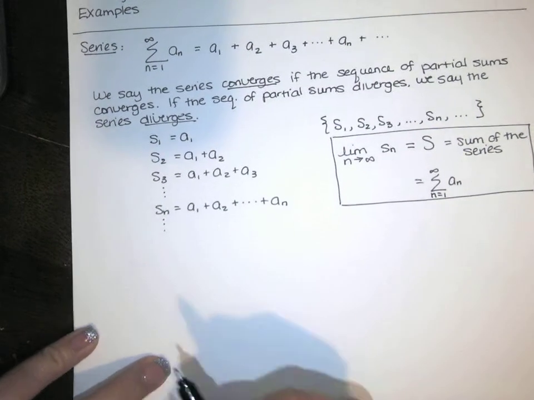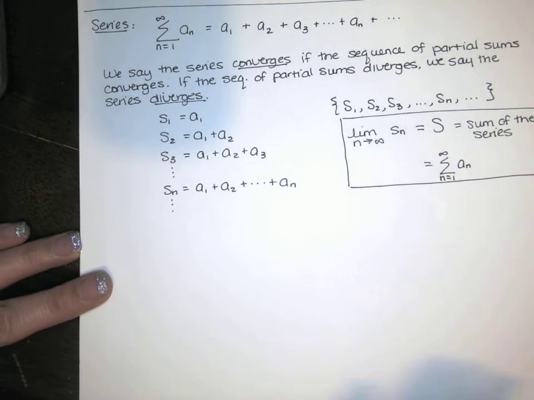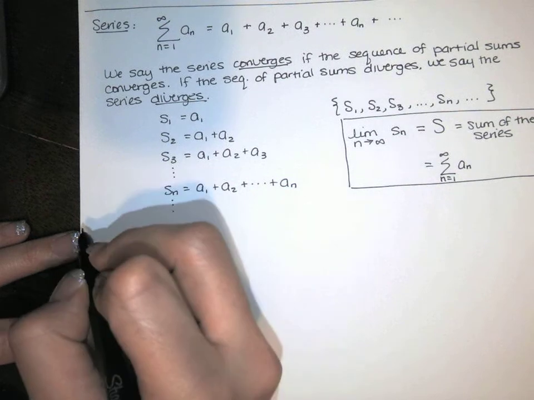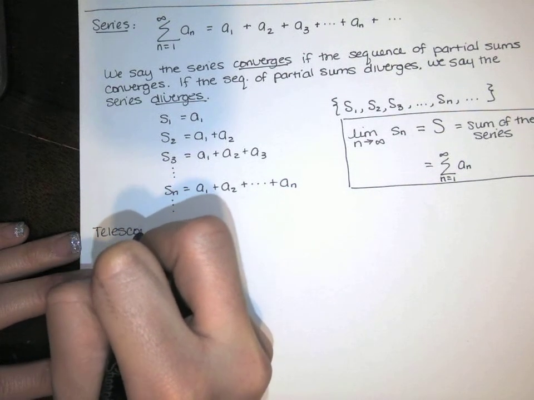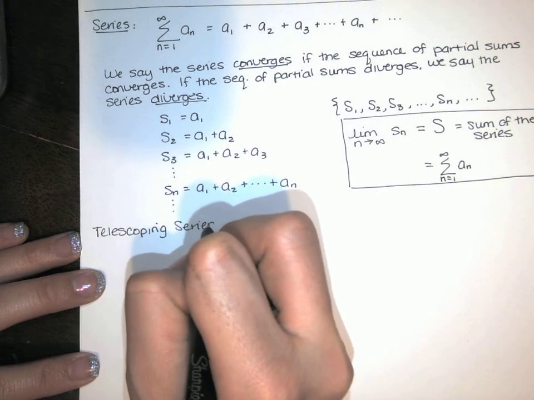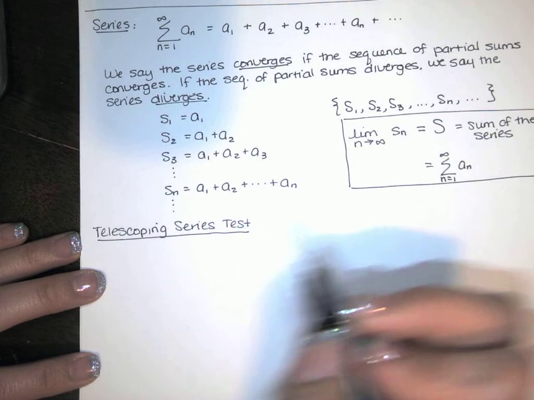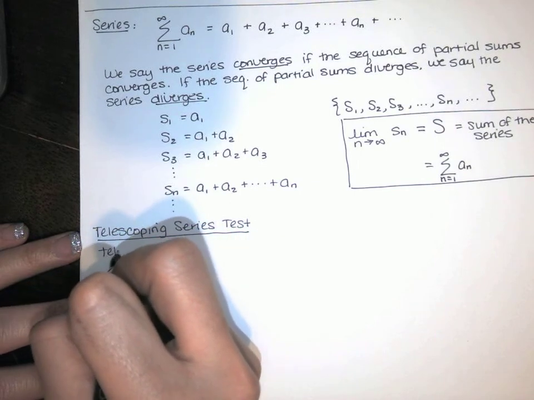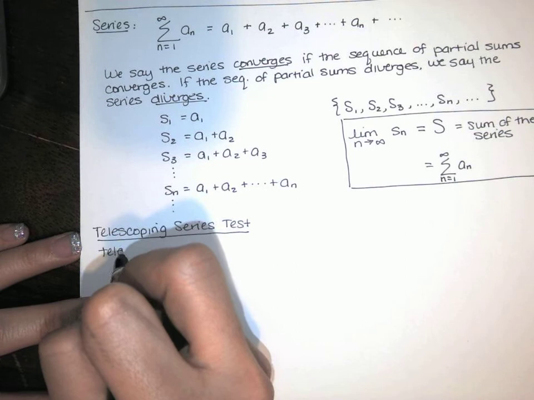So that's the concept. In the last section, we introduced a few series tests. We said if the series is telescoping, we can do the following. And remember, a series is telescoping if its partial sums, s sub n, have a finite number of terms.